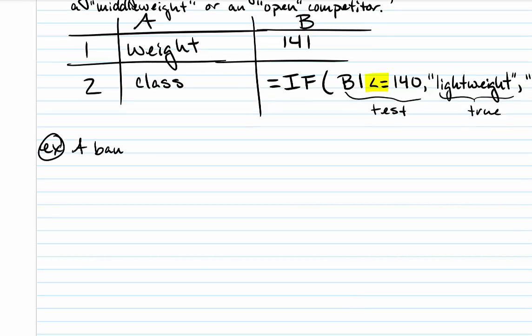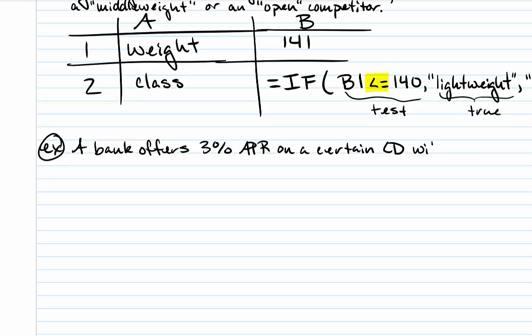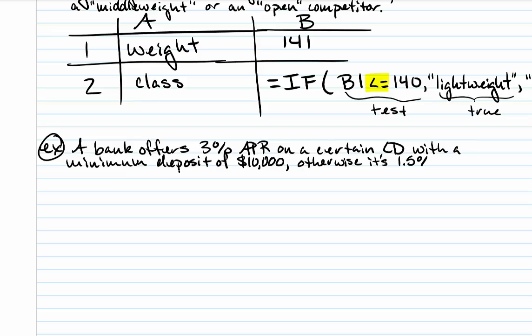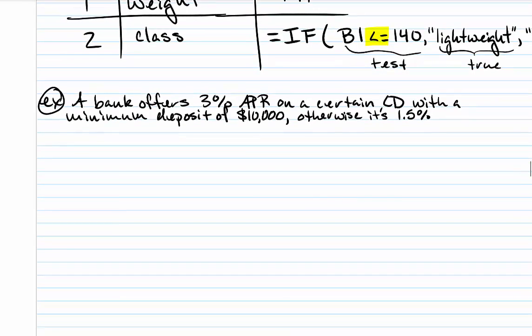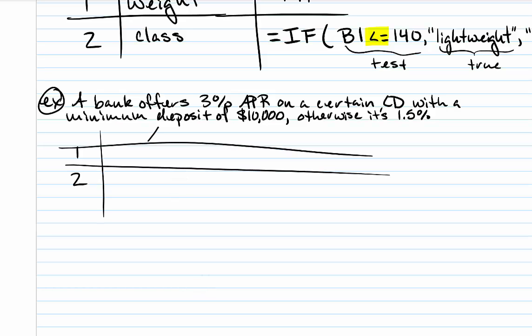Let's say a bank offers 3% APR on a certain CD, but only if there's a minimum deposit of $10,000. Otherwise, it's 1.5%. So if we were to set something like that up in Excel, once again, we'd have the rows and the columns.